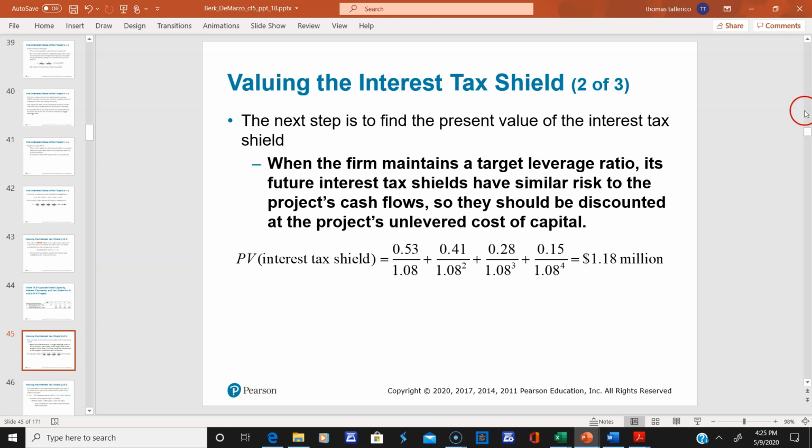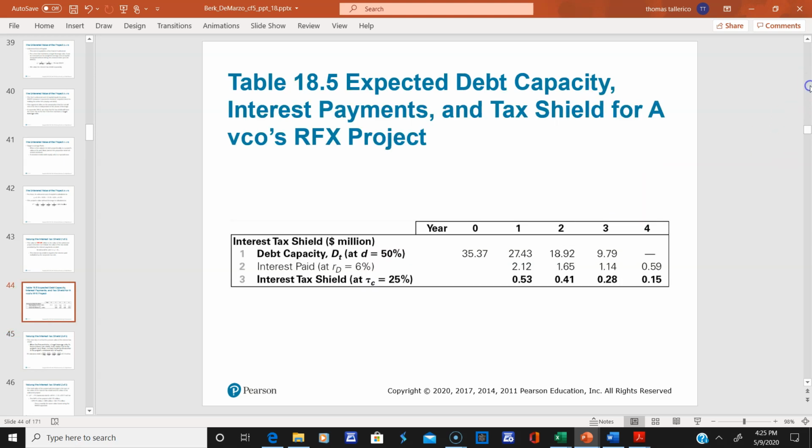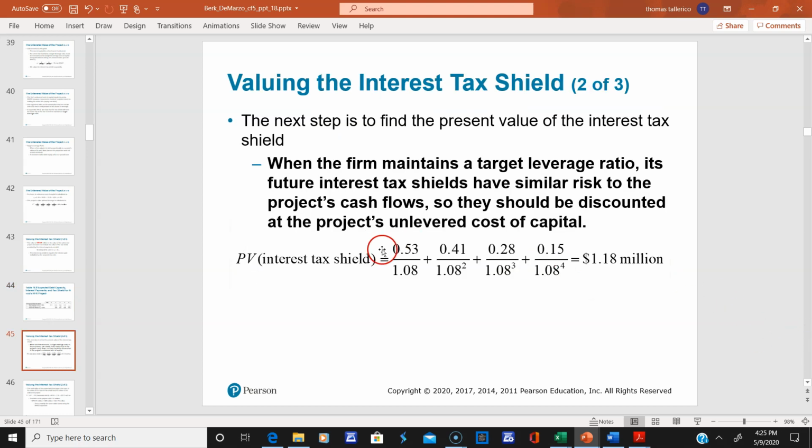Let's go back and look here. Here are the interest tax shields we have. Those are the tax shields that are important, and those go up here. We get the present value of the interest tax shield, and that gives us $1.18 million.